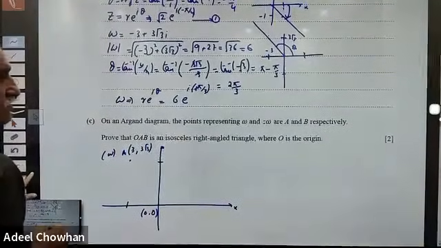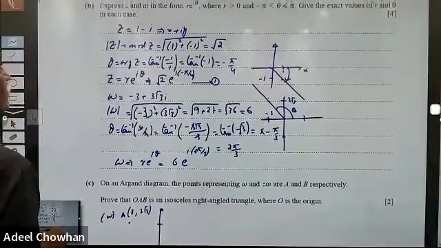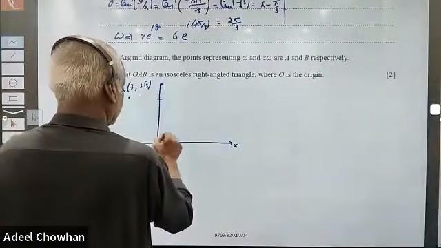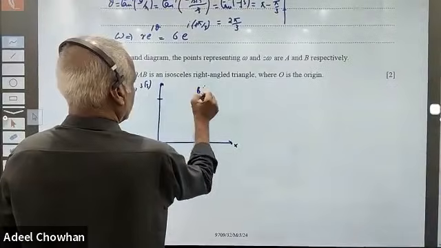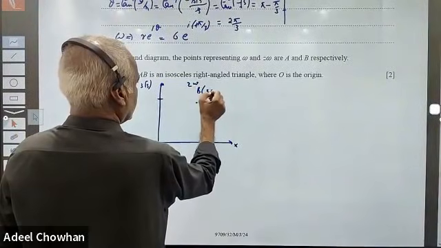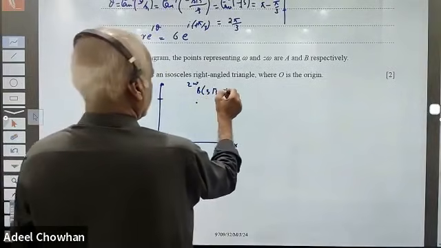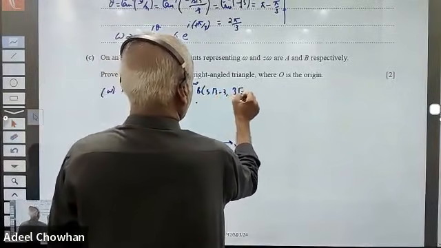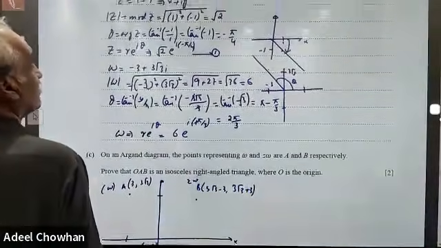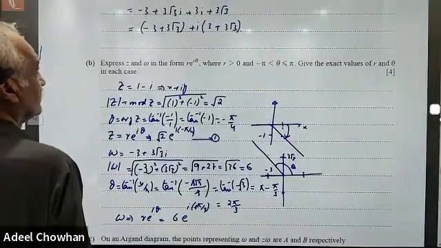B is going to be represented by zw, and zw has been calculated there as equal to 3 plus 3 root 3, or minus 3 plus 3 root 3.